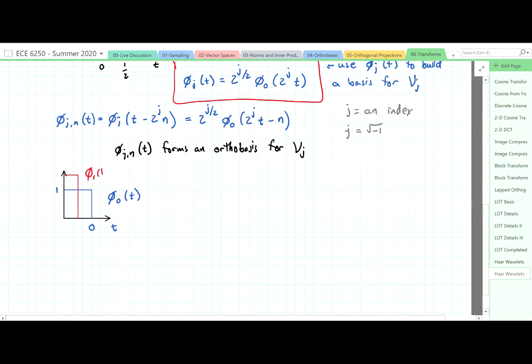This is phi 1 of t, and that's the square root of 2, and that's 1/2.